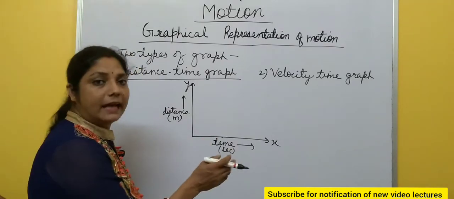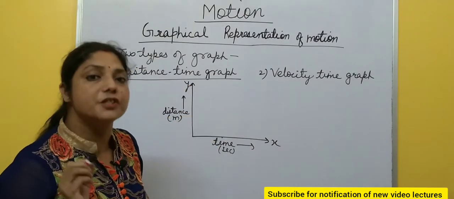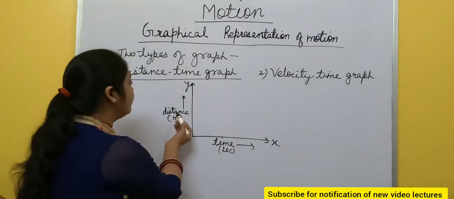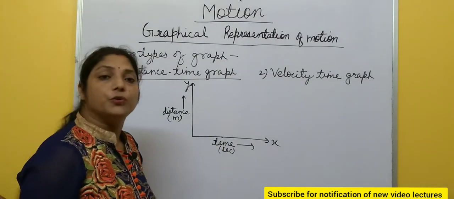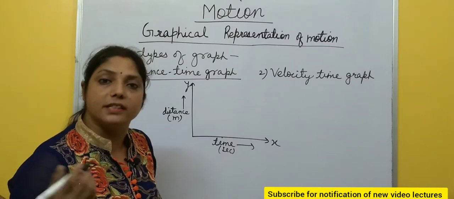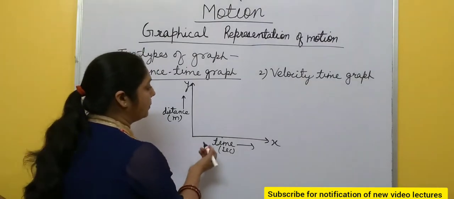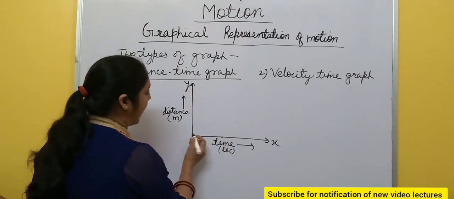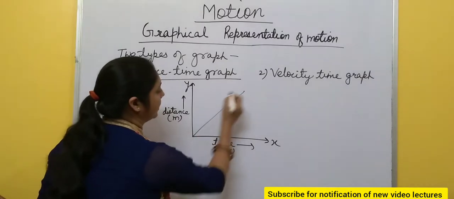So you can say that the slope of the distance time graph gives speed and the slope of the displacement time graph gives velocity. Now the question arises, what is this slope? To discuss slope, first let's assume that distance changes with time like this.